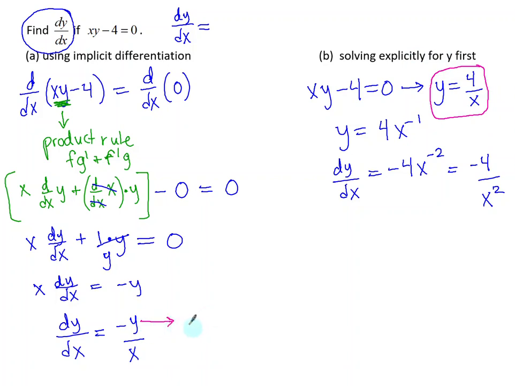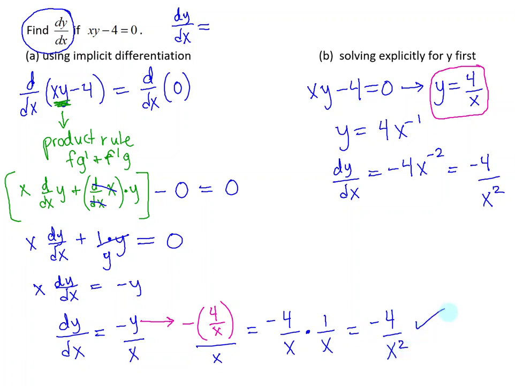So let's see how that looks. Negative of the y, 4 over x, and then divided by x. That's the same as saying negative 4 over x times 1 over x, which is negative 4 over x squared.